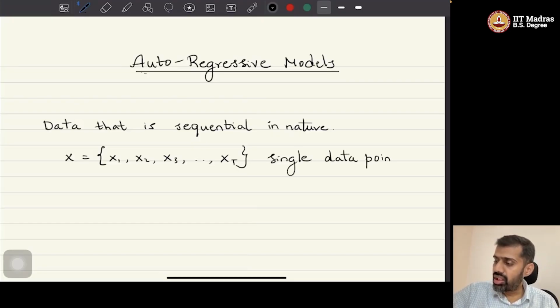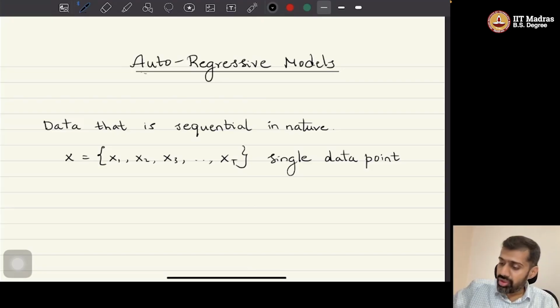Please note the change in notation. We have been using x1 to xT to denote T different latent variables in the context of a diffusion model. Here in the auto-regressive model context, we look at x1 through xT as the sequence that defines one single data point.